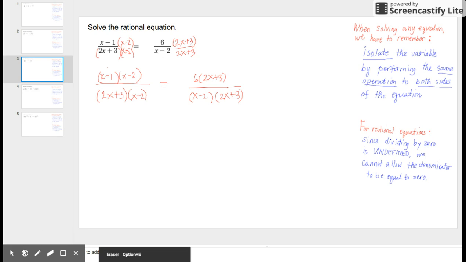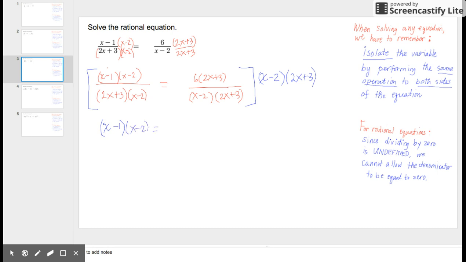So all we're going to do is multiply both sides of the equation by that denominator, x minus 2 times 2x plus 3. And so we can cancel the denominators. We will end up with x minus 1 times x minus 2 equals 6 times 2x plus 3.